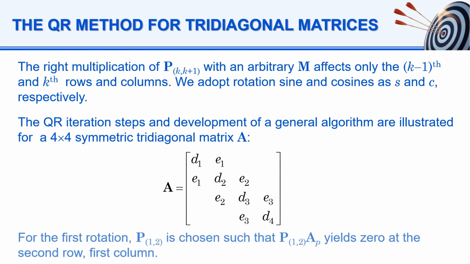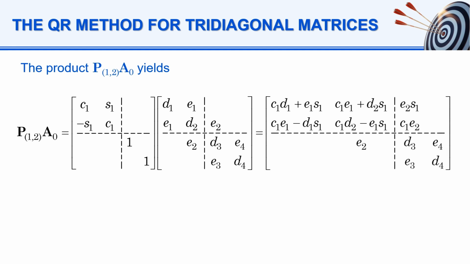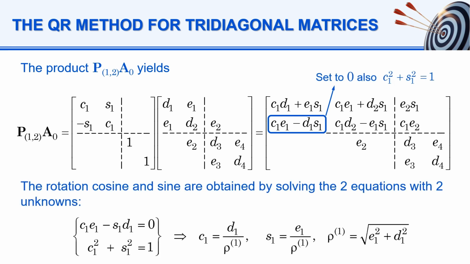For the first rotation, the matrix P12 is chosen such that the product matrix P12 A^0 yields 0 at the second row, first column. The product matrix P12 A^0 yields the following. We should set the second row, first column to 0, and note that C1 squared plus S1 squared equals 1.